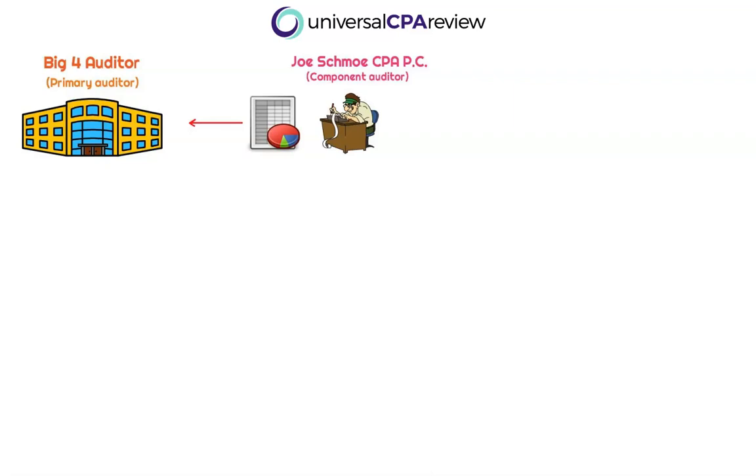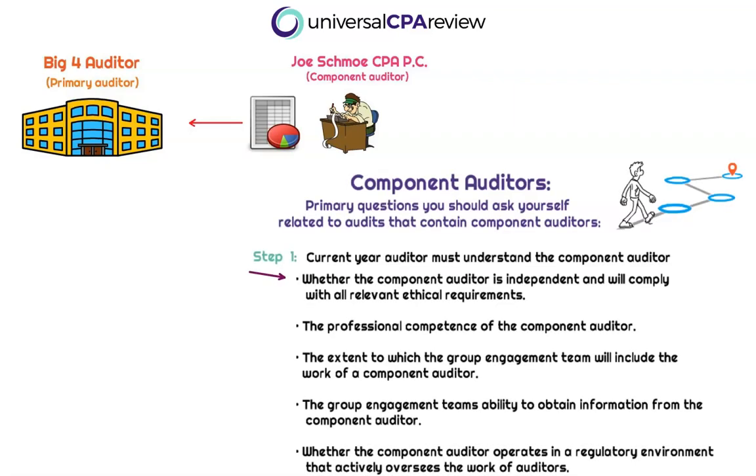In order to do that, they're going to understand things like whether the component auditor is independent and will comply with all relevant ethical requirements, the professional competence of the component auditor, the extent to which the group engagement team will include work of a component auditor, the group engagement team's ability to obtain information from the component auditor, and whether the component auditor operates in a regulatory environment that actively oversees the work of its auditors. In other words, we want to make sure that we can trust these guys to do their job.